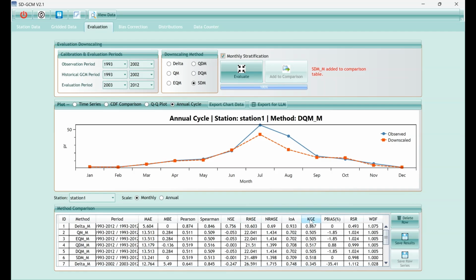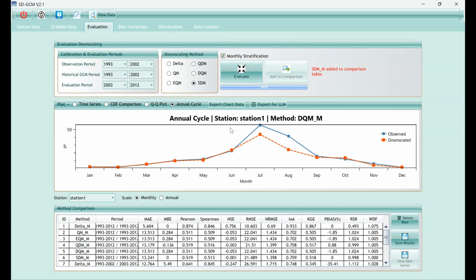One important observation is that no single method performs best for every statistical indicator. Some methods produce a lower RMSE, others achieve a higher correlation, while another may provide a better KGE or PBIAS. For this reason, selecting a bias correction method should not be based on a single statistic.